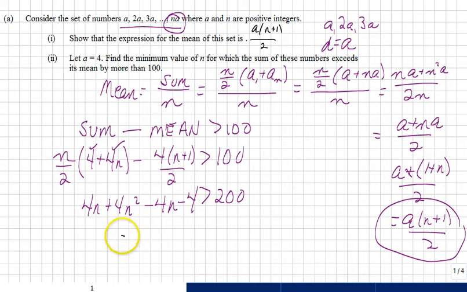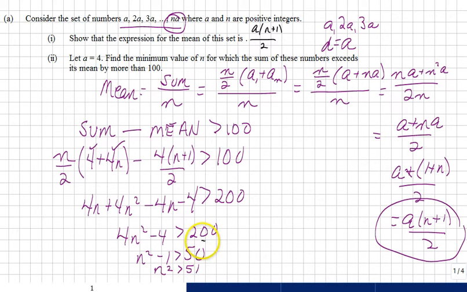So what do I got? I got 4n squared, and then minus 4n plus 4n, that goes away. Minus 4 is greater than 200. Why don't I divide through by 4 and get n squared minus 1 is greater than 50. So n squared is greater than 51.